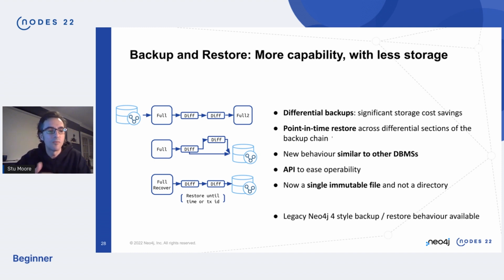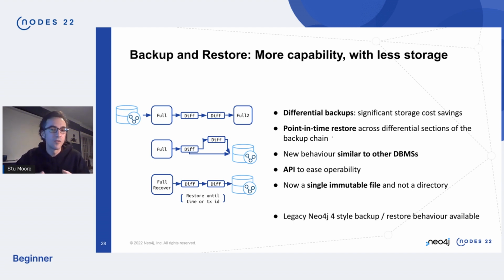You can find out more from Chris Shelmerdine, product manager for Neo4j Ops Manager, and some other great sessions as well. In terms of backup and restore, we've introduced far more capability while needing far less storage, up to 75% saving when it comes to using the likes of full and differential backups. You can chain differential backups together and aggregate them and create a full backup if you want.